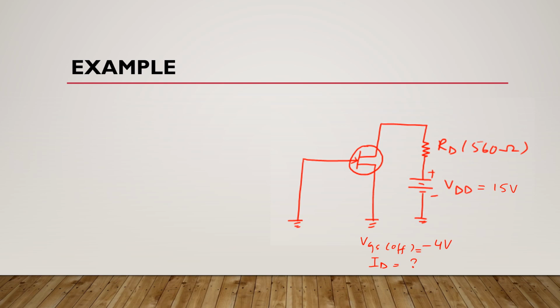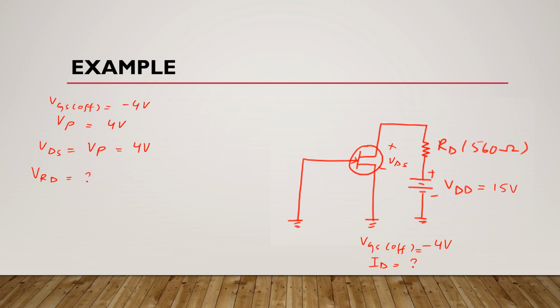Again, if this cutoff voltage is minus 4 volts, it means here the pinch off voltage is 4 volts, and we know that VDS which is present here is equal to the pinch off voltage when this device is in the constant current region. It means it is 4 volts here. Okay, now what is the value of VRD here?